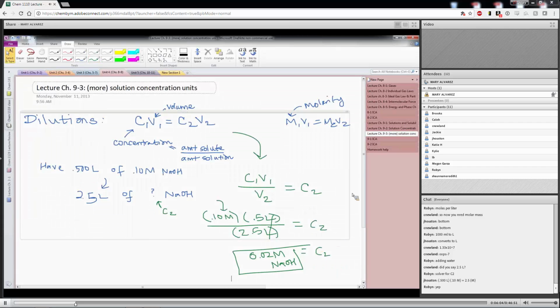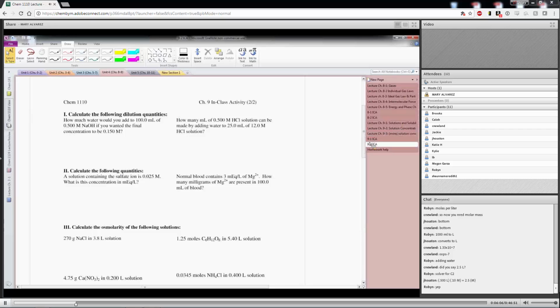Okay, so if you look at your Chapter 9 in-class activity sheet, this first section is to calculate dilution quantities. So if I start with this volume and this concentration, and I want this concentration, then what's my final volume going to be?